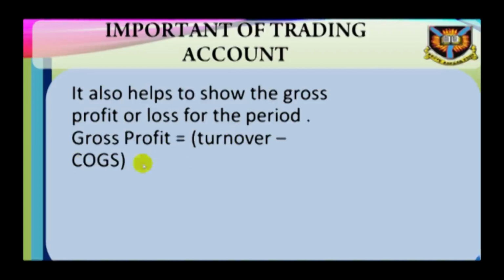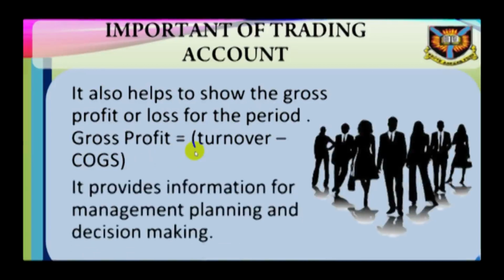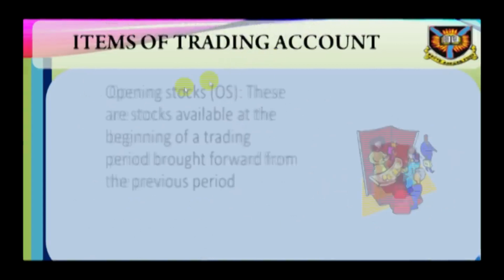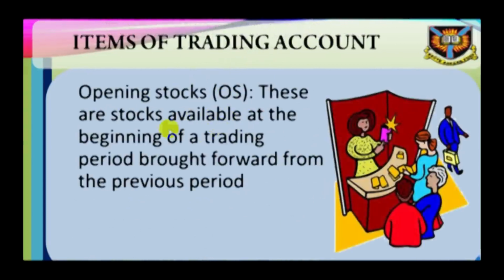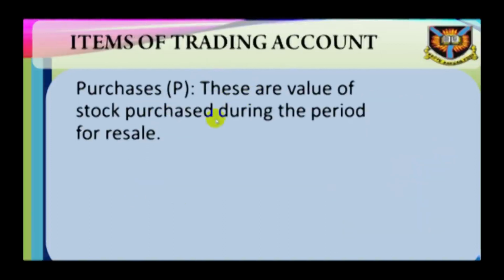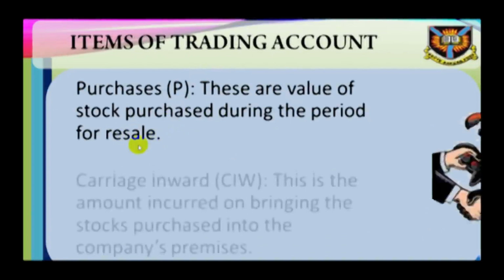Items of trading account. Opening stock. These are stocks available at the beginning of the trading period, brought forward from the previous period. Purchases. These are value of stock purchased during the period for resale. Carriage inward.